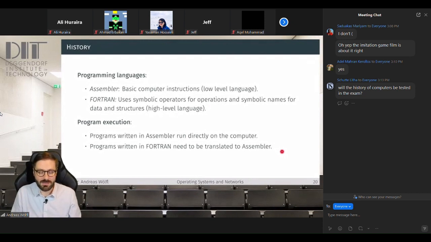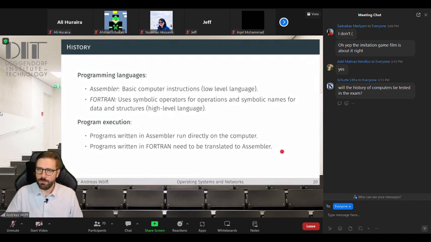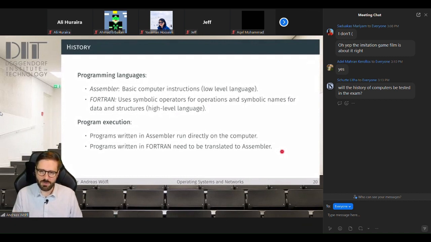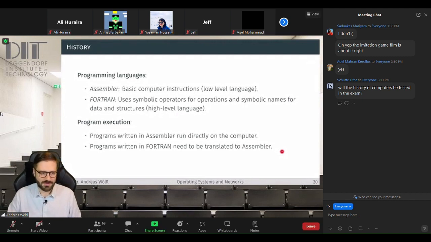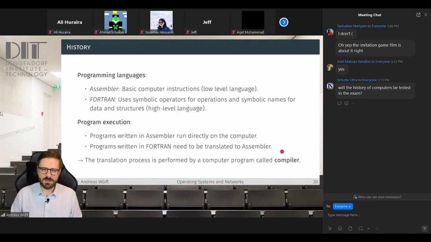It's the same as we know it today. If you program in Java, this Java code needs to be translated to assembler first before it can execute on a CPU. And this translation process is called compiling. There is a program that does exactly that, and this program is called the compiler.